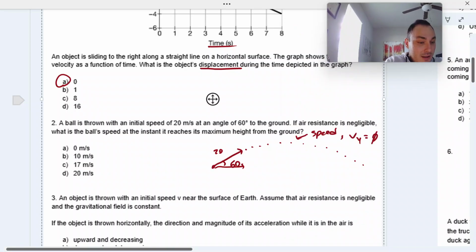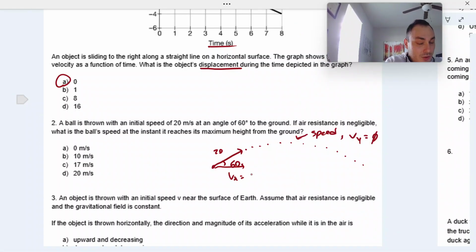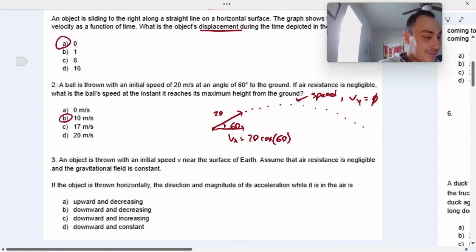That velocity, Vx, is equal to 20 times cosine of 60, the cosine component of the vector. And if we do that, 20 times cosine of 60, it's 10. Again, I don't have the answers. I am just doing this on my calculator right here. It's also low battery, so it's plugged in.